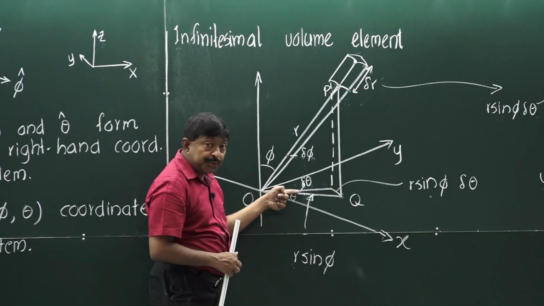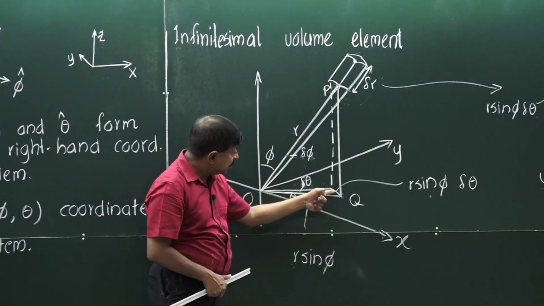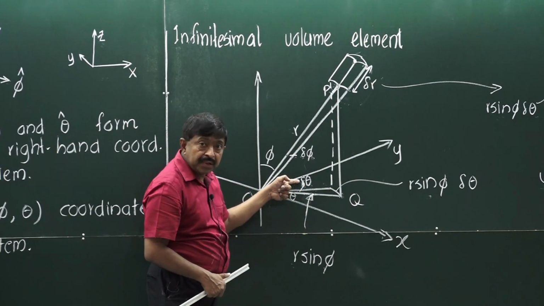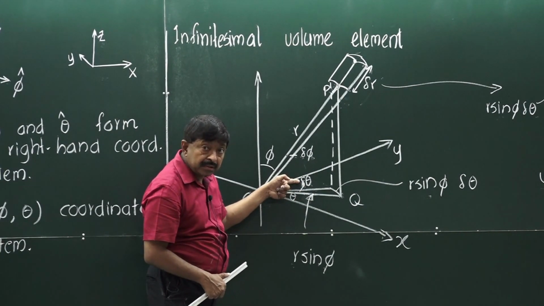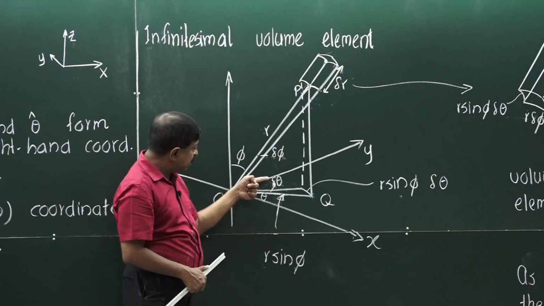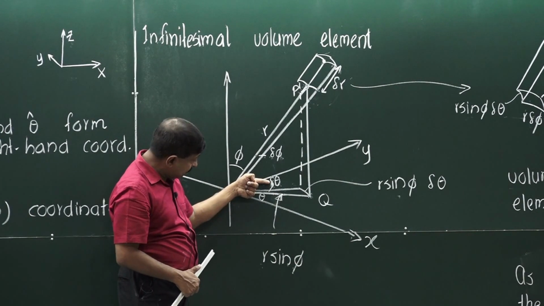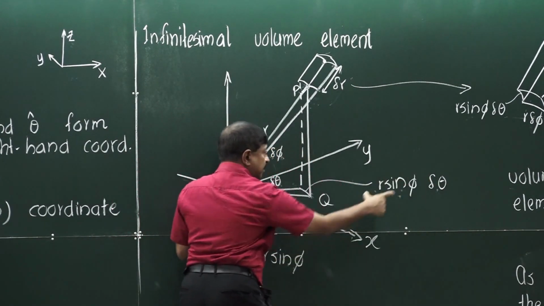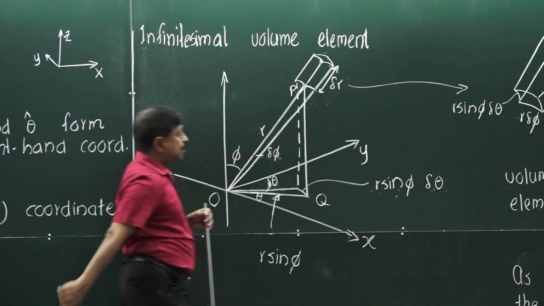The angle associated with this arc is delta theta, because we give an infinitesimal increment to theta. Therefore, radius is r sin phi, angle is delta theta. Therefore, this arc length is r sin phi delta theta, radius times the angle.